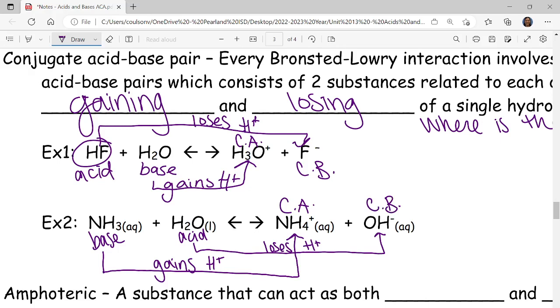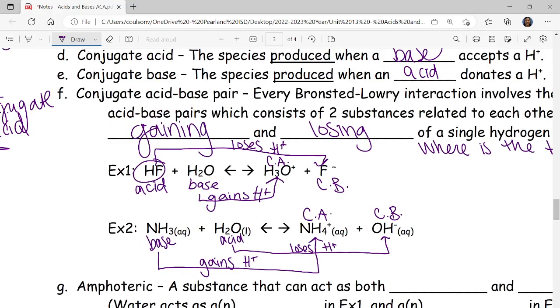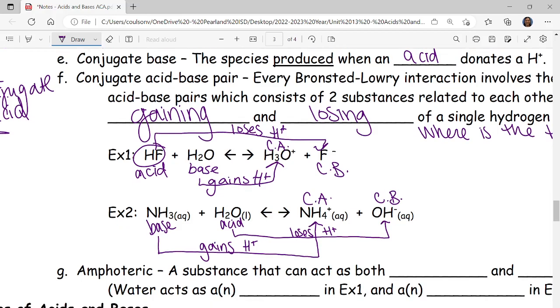Make sense? Okay. So you'll notice that in example 1, we called water a base, but in example 2, we called water an acid, and that's because it acted differently in each case. In one example, it gained a hydrogen, and in the other example, it lost a hydrogen, and we ended up with 2 different things. So we call water amphoteric.